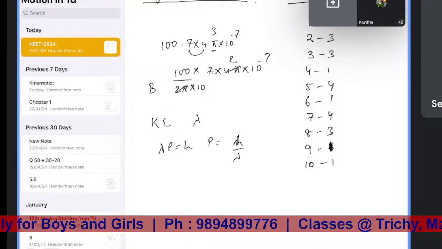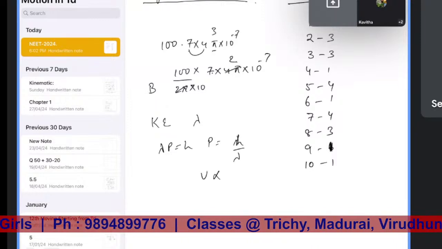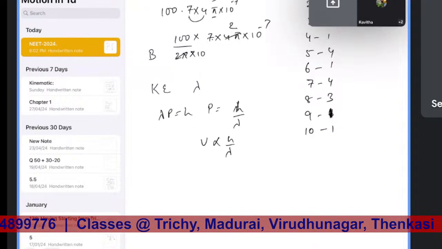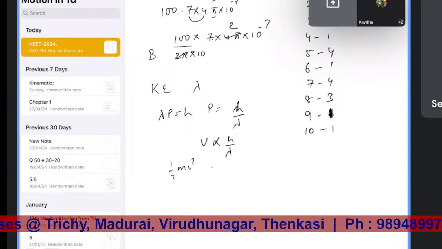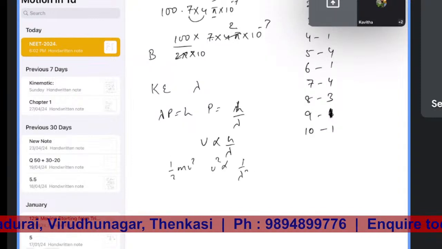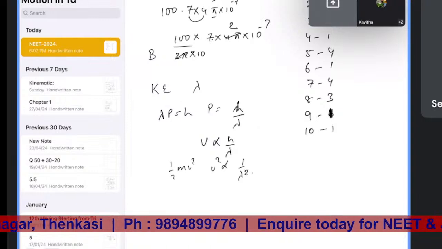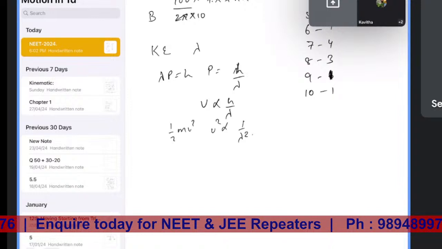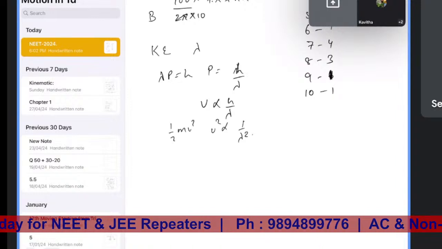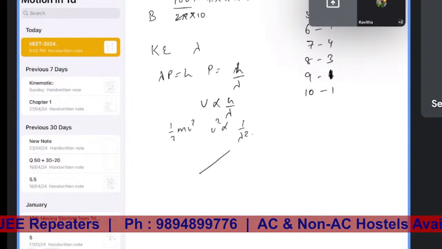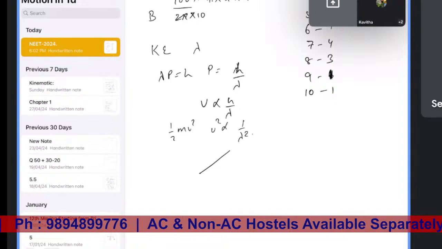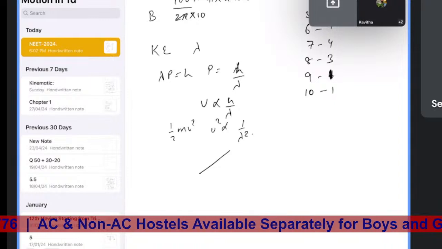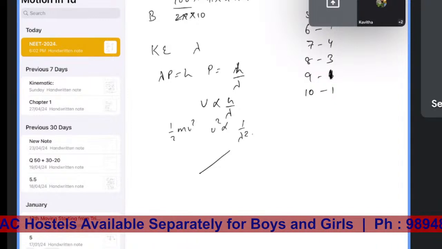P is nothing but m into v, so v will be proportional to h by lambda. Kinetic energy is half m v squared, so v squared is proportional to 1 by lambda squared. If they want the relationship between energy and 1 by lambda squared, okay, there is an error in the answer that I gave. It should be a linear line, so option 2. I didn't give the answer for question number 11, so the answer is 2.